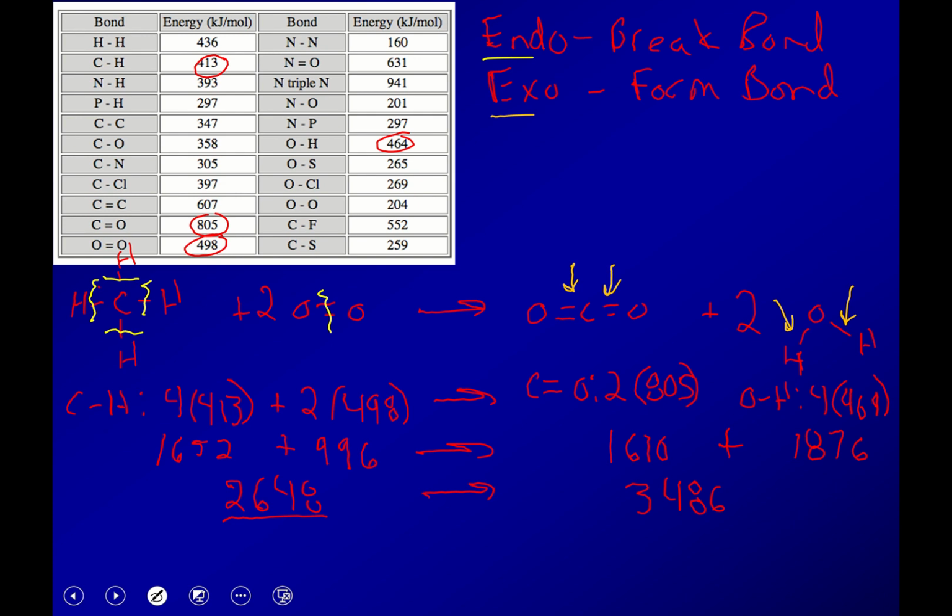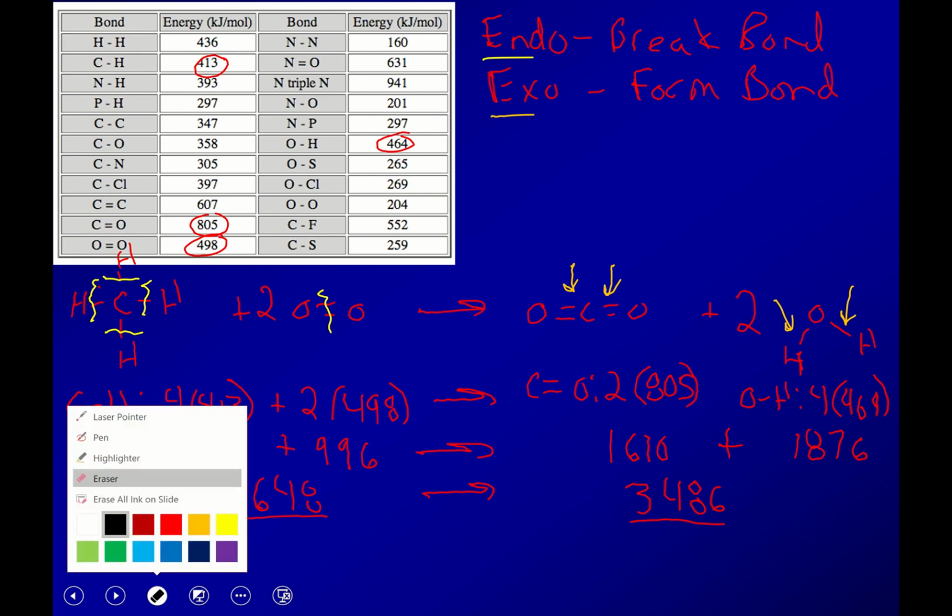Then, when all's said and done, in an exothermic reaction, we form new bonds. And you remember any time we have exothermic reactions that they're negative values, right? So here's one way of doing this. These are all negative because they're exothermic, they're forming new bonds. So what is the difference? Now we can do this another way. Instead of just assigning a negative value, I wanted to make that point to you. Remember our enthalpy diagram?